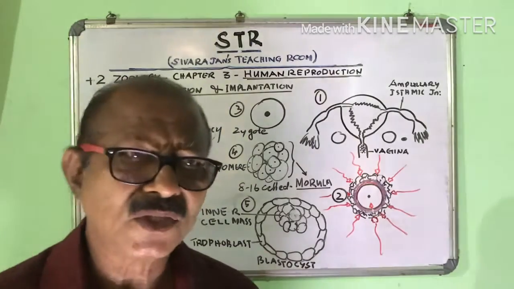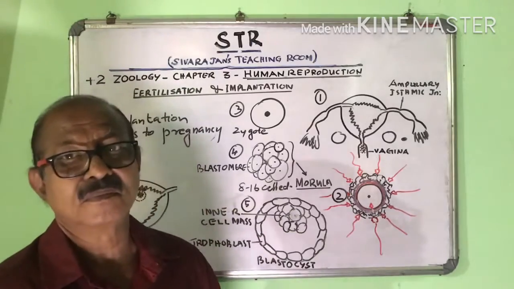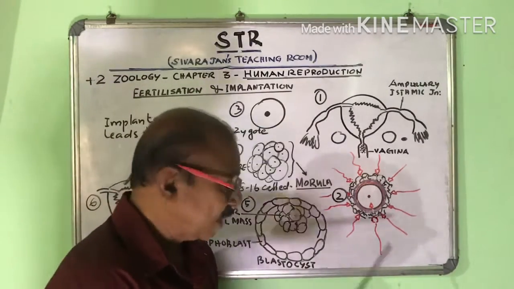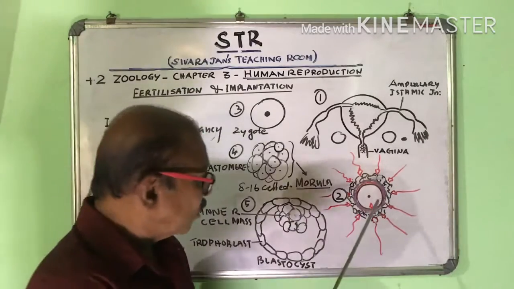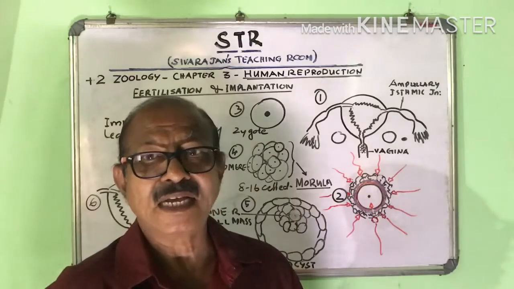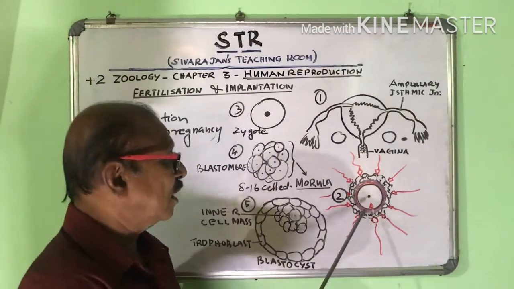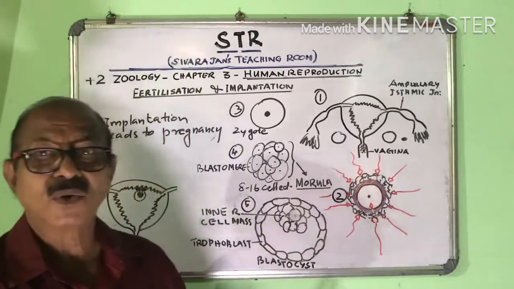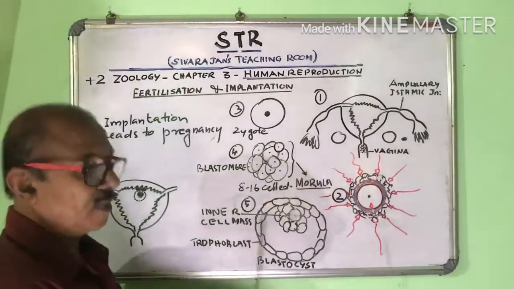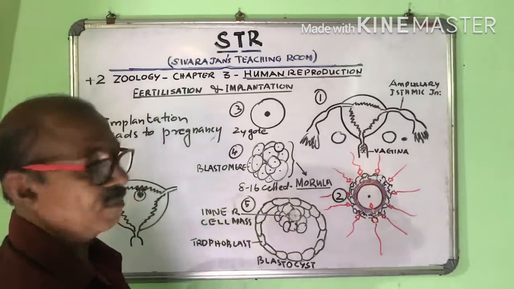So there is no question of a second sperm entering into the ovum, because as soon as a sperm head enters into it, the zona pellucida changes its chemical nature and prevents a second sperm from entering. Only a single sperm can fertilize the ovum.